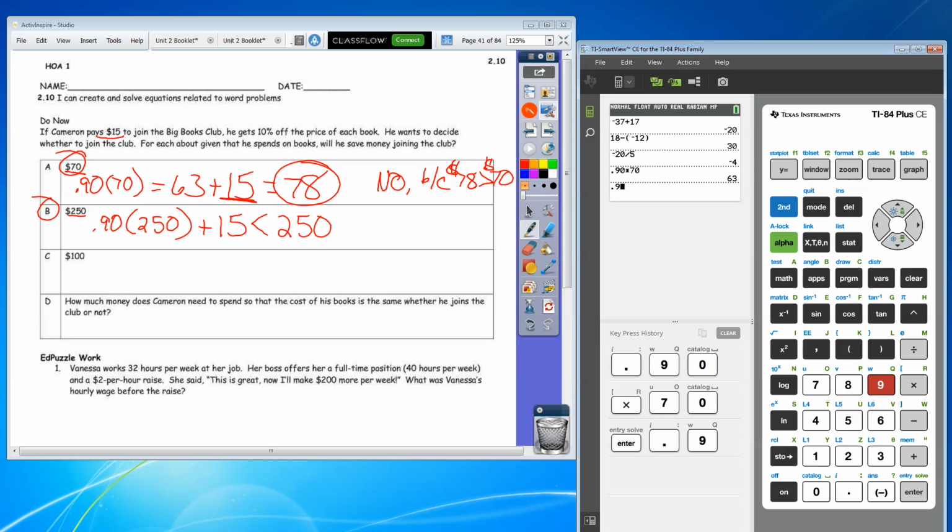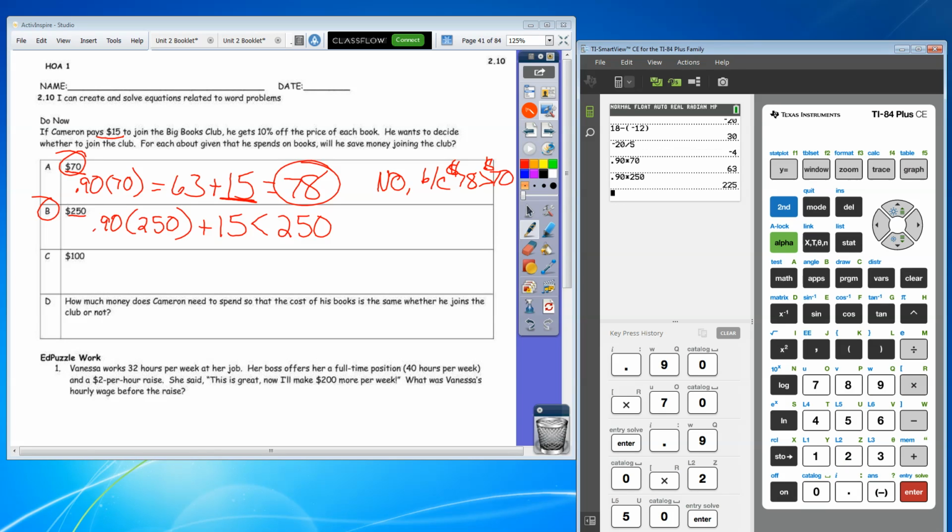0.90 times $250 is $225. So yes, $225 is less than $250, so he does get a deal here. What about $100? Oh, I forgot to add the $15 here, didn't I?